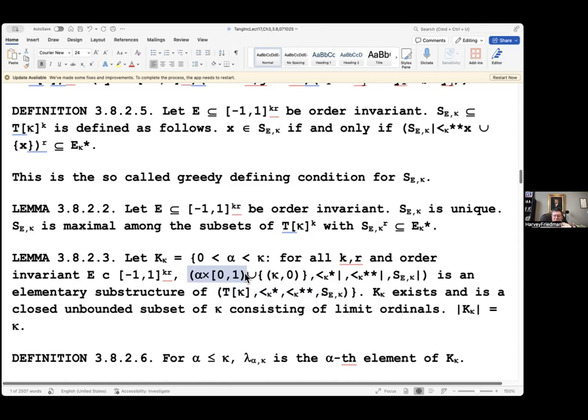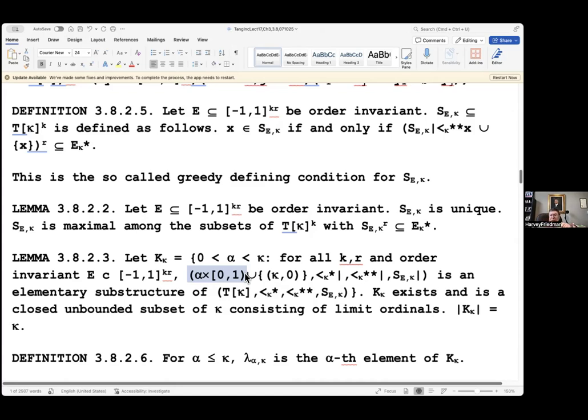And this set is well defined and is a closed unbounded subset of kappa consisting of limit ordinals, right? You have to prove this. And the cardinality is kappa, regular cardinal. Okay, this is straightforward, and this has been done in many contexts, in model theory particularly, but also set theory.